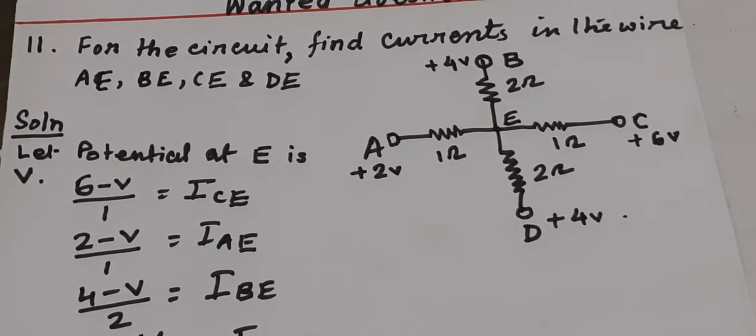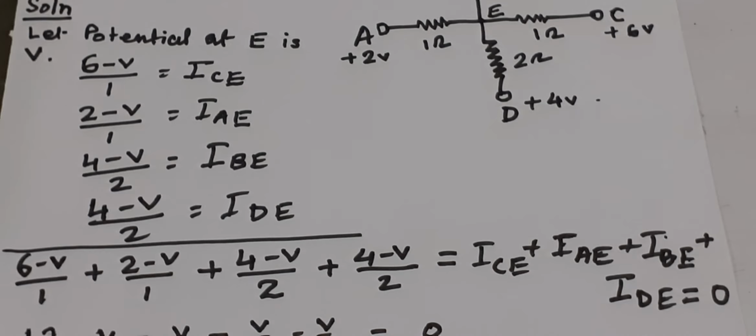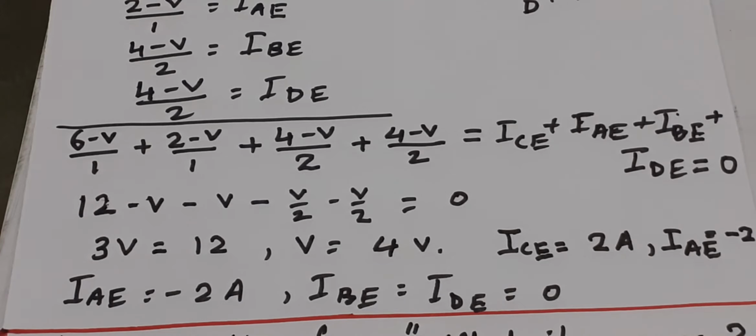Similarly, for BE 4 minus V divided by 2, and for D 4 minus V divided by 2. Summing all these, the sum of all the currents has to be 0, because it is meeting at the same point, it is not going anywhere. Now solving here, we can get V equal to 4 volt.